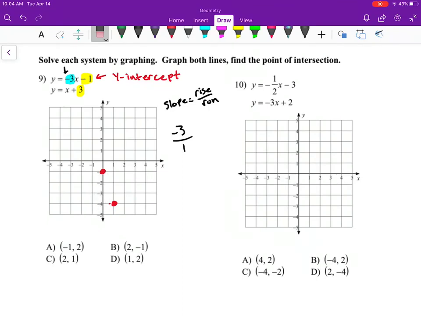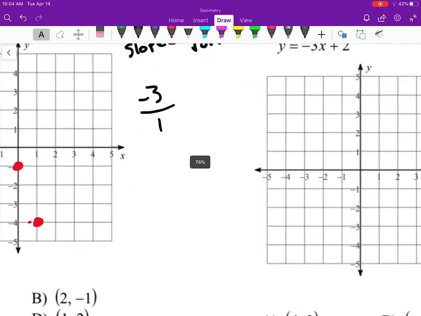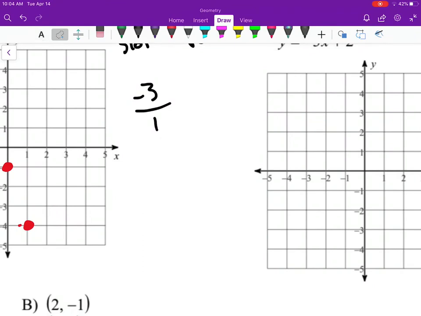Now, oftentimes it'll be essential to do this, and it's just a good thing to do: you're going to want to get a point going in both directions. Notice I just went down 3, right 1. Now I'm going to go back to my starting point and go the opposite way. Or in other words, look at my slope. I'm going to take that negative, and instead of putting it with the rise, I'm going to put it with the run.